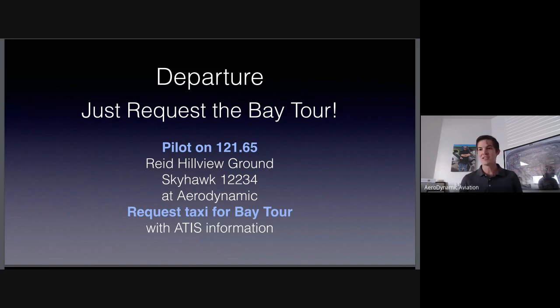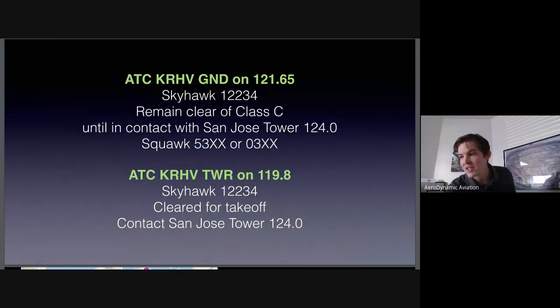Now the good news is that when it comes to the bay tour with us, the default is going to be transitioning through San Jose Class Charlie airspace. Now there's a couple different ways that you can do this. One is by talking to NorCal. The other one we have is something called tower to tower.